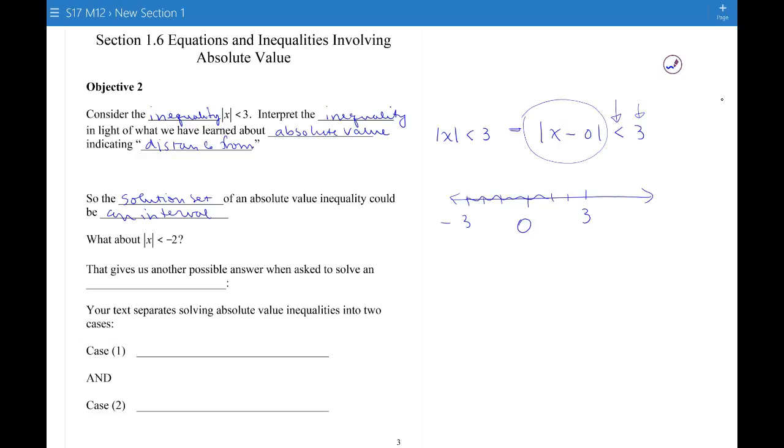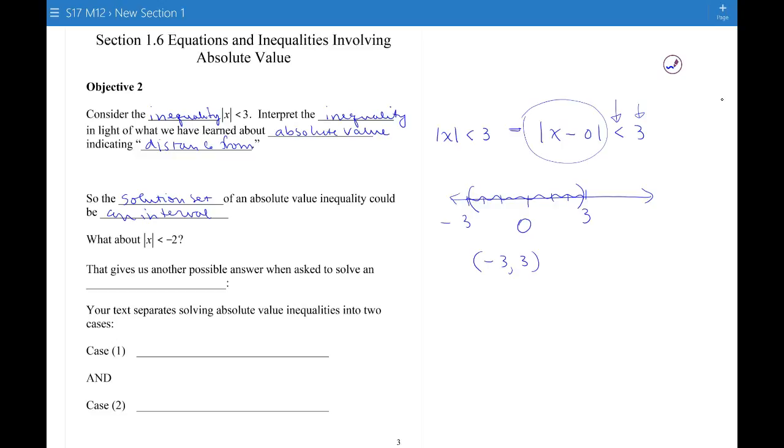So we want all the guys inside here, but not the end points. So see if that works. If you put 2 in there, yep, the absolute value of 2 is smaller than 3. What if you put negative 2? That also works. So your solution is an interval, all the numbers between negative 3 and 3, not including the endpoints.